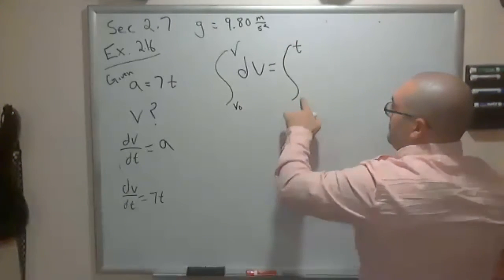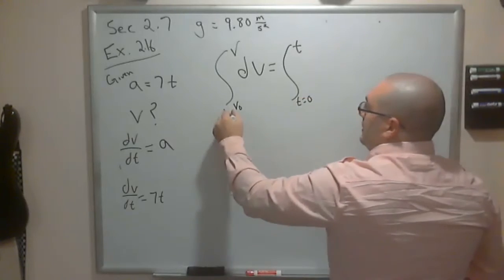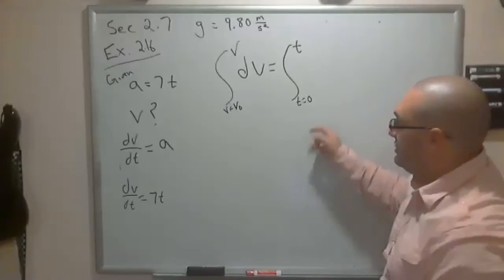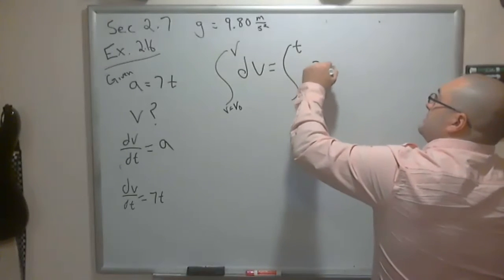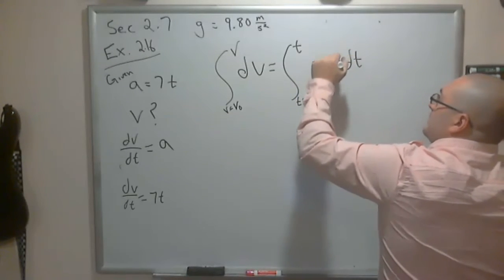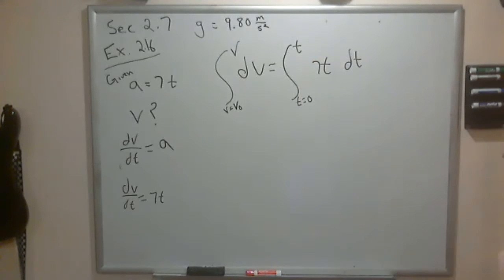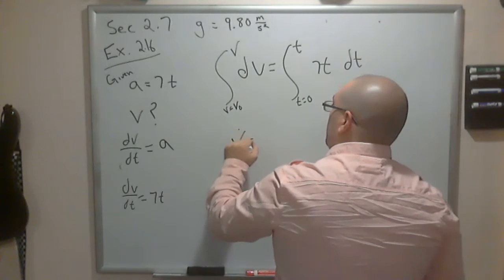And let me just make the case that t is equal to 0 over here, and v is equal to 0, so that this is just the starting position. It doesn't have to be 0. And then we have 7t dt, and now we do this integral.